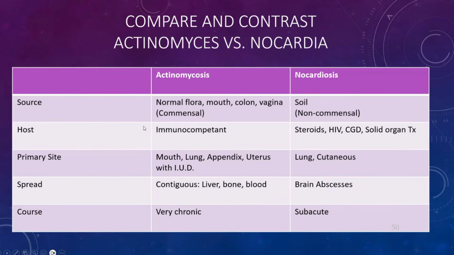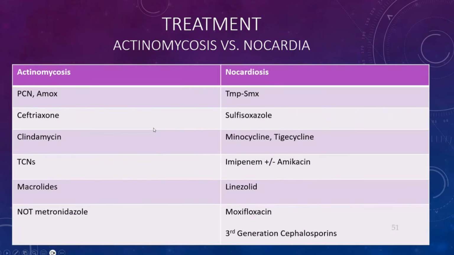And lastly, actinomyces has a very chronic course, whereas nocardiosis has more of a subacute course. And antimicrobial treatment strategies are shown here, and they are somewhat distinct.